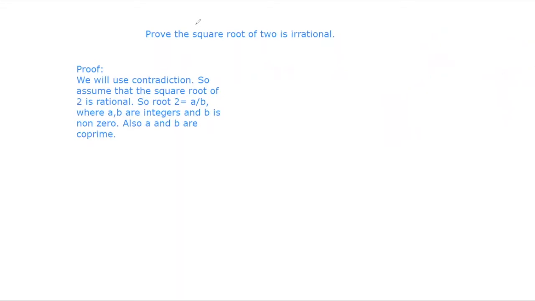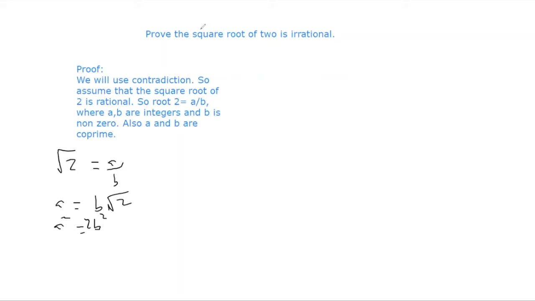So then we have this. If we have square root of 2 equals a over b, then a equals b times the square root of 2. So then a squared equals 2b squared, basically.